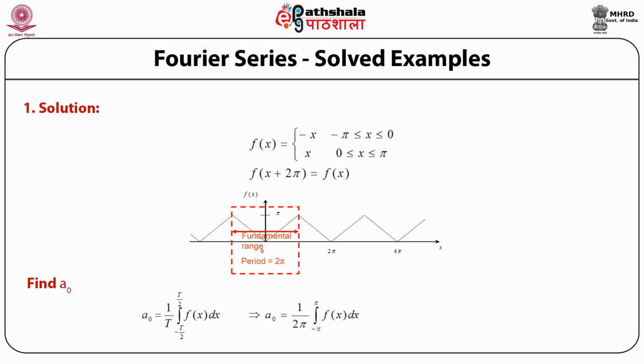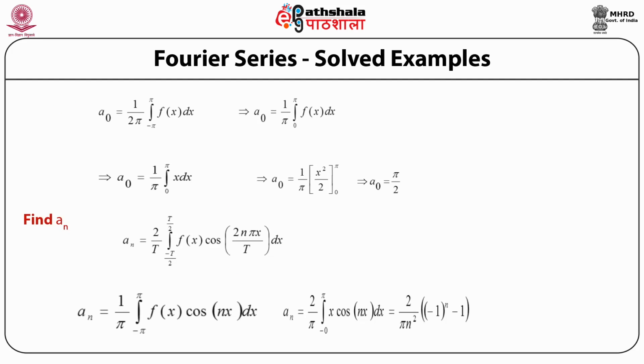So a naught is equal to 1 by T times the integral from minus T by 2 to T by 2 of f of x dx. Then when you integrate, a naught is equal to 1 by 2 pi times the integral from minus pi to pi of f of x dx. Similarly we are going to solve all these and find the coefficients, and then we are going to solve it.